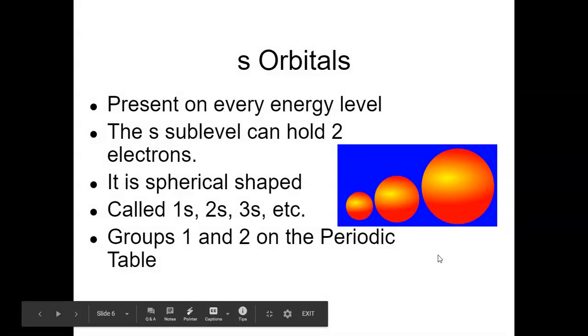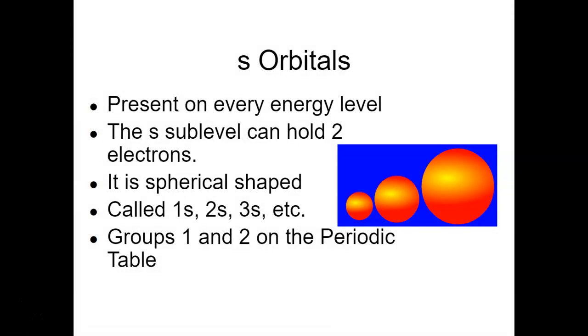On your notes, your S orbitals are on every energy level and they can hold 2 electrons. So every S can go to S2 when we start looking at it. They're spherical shaped. They're called 1s. That big number 1, the big number 2, the big number 3, that's coming from the row or the period that atom is in.